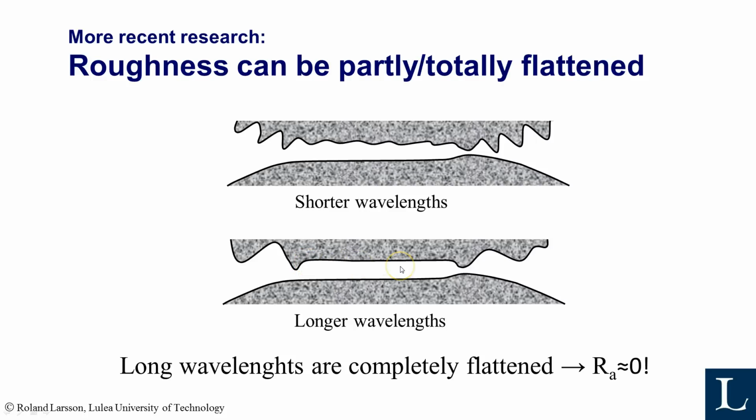That means that the Ra will be more or less 0 then. So it really doesn't matter how thin the film is, there will always be a film parameter which is pretty large. On the other hand, if you have shorter wavelengths, these will not be deformed by the higher pressure, so some of them will still be in there, or even if it's even shorter, they will pass through the contact completely undeformed.